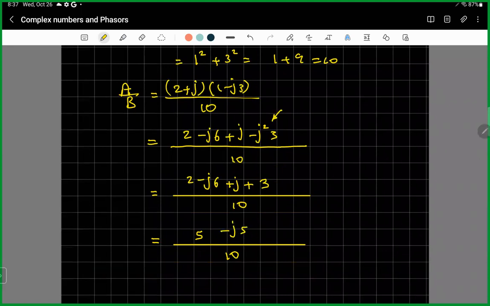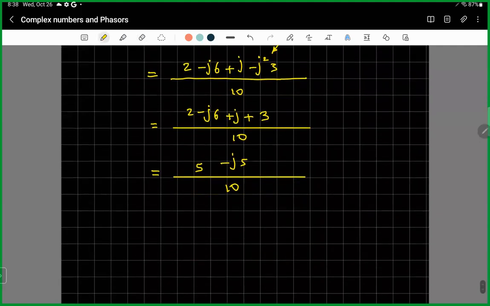Did I make any mistake here? Let me review. 2 times 1 is 2, 2 times negative j3 is negative j6. Now I take this one: j times 1 is j, j times minus j squared times 3 gives plus 3. That's right. 2 plus 3 is 5, minus j5.